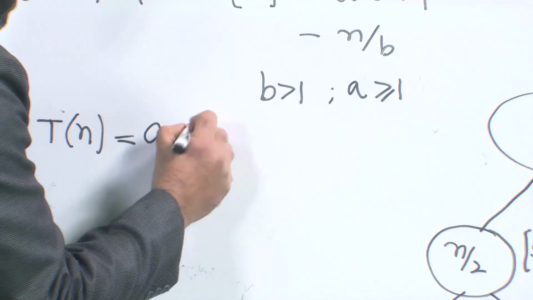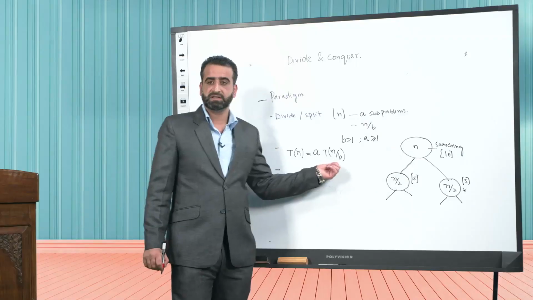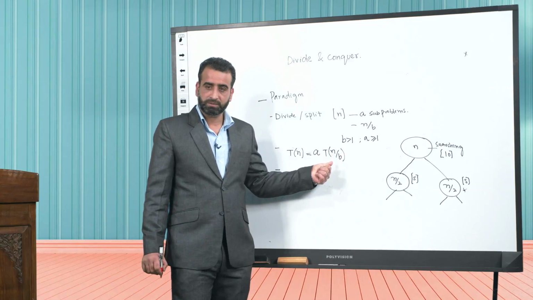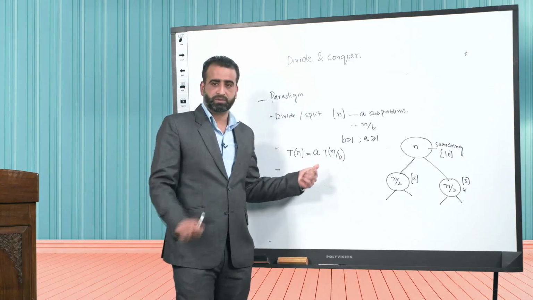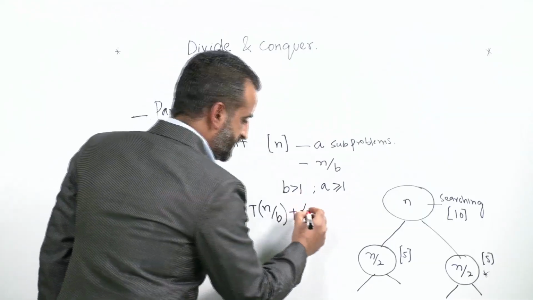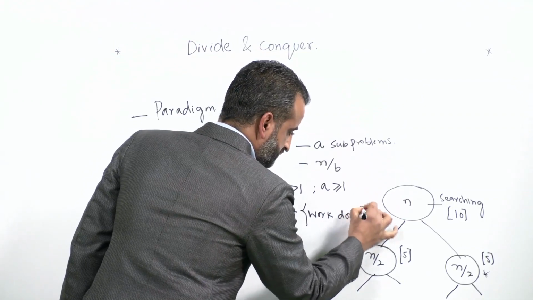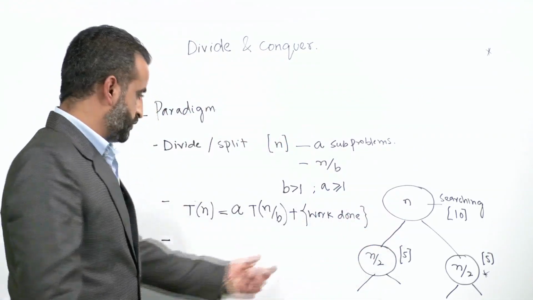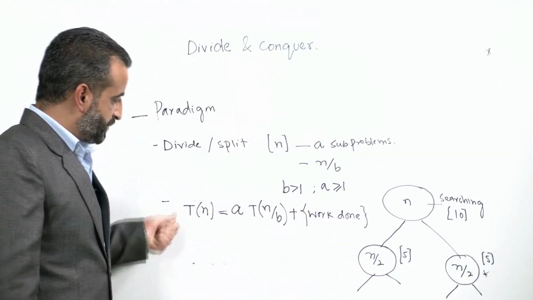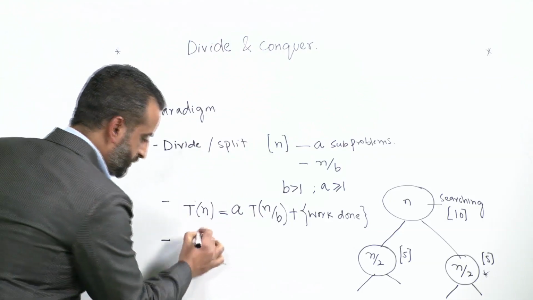So n by b will indicate the size of the problem, while a will be the number of subproblems that we are trying to create, plus some work done for the merge part. That's what will be including the merge part in this case. These types of problems, if you remember in unit 1, we had discussed the method of master theorem.